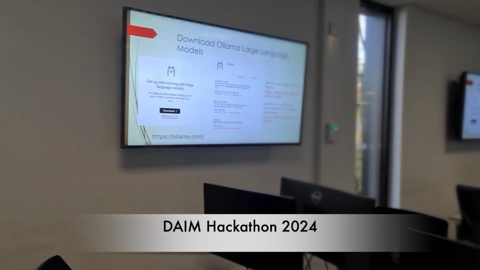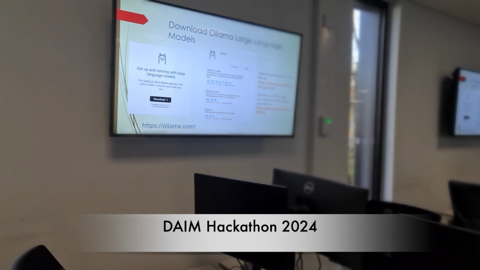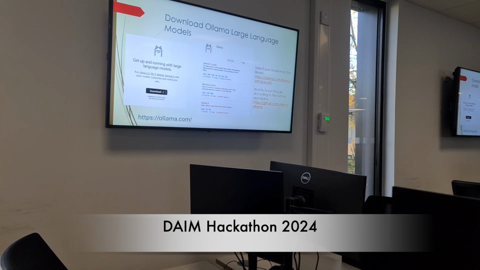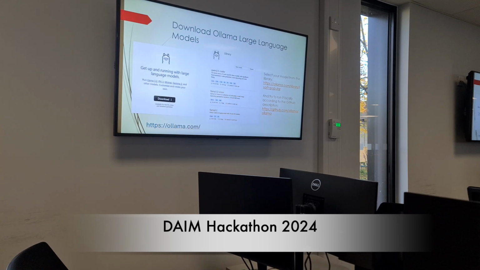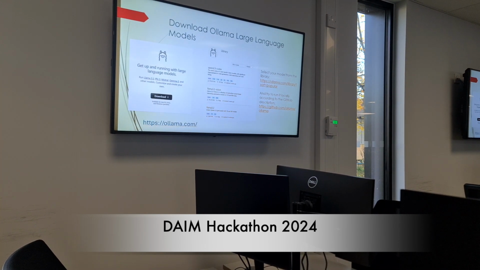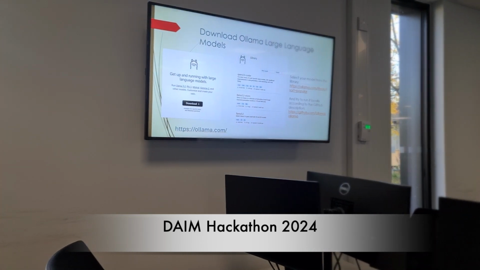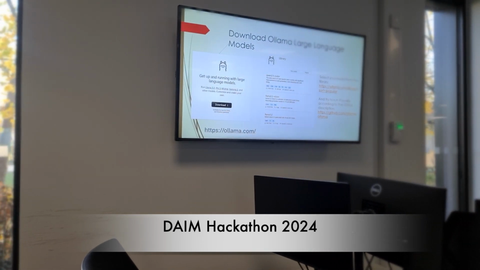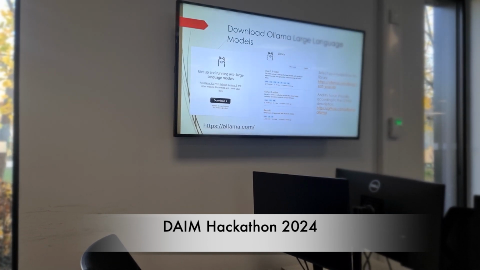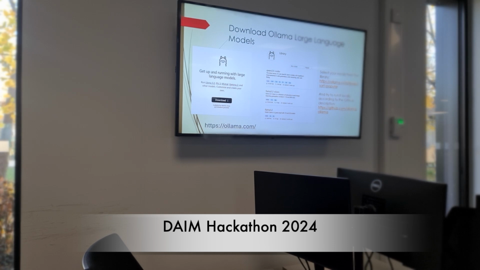Firstly, we highly recommend you to use a local large language model tool, which is Ollama. What you need to do is go to the website on the left bottom side, where you can see the link ollama.com, and just download the Ollama software on your PC.